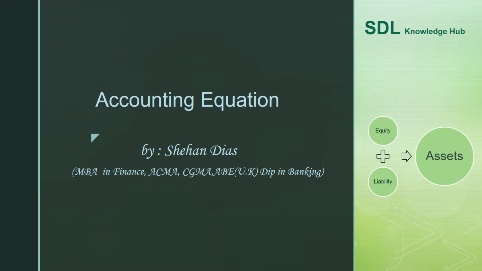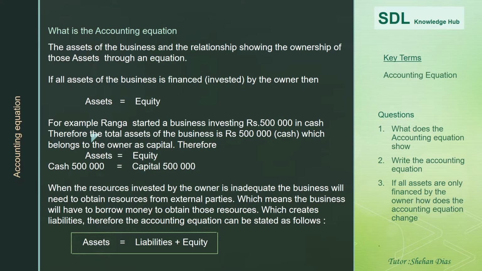Accounting equation. So, what do you mean by the accounting equation? This shows the assets of the business and the relationship showing the ownership of those assets. This is done through an equation which is called the accounting equation. If all the assets are funded or financed by the owner, then assets will equal equity, which is the amount that belongs to the owner.